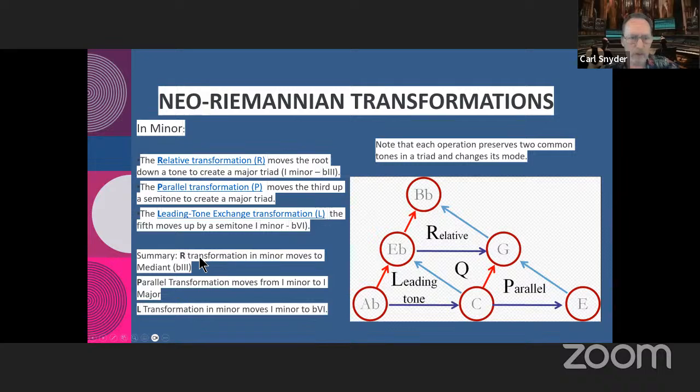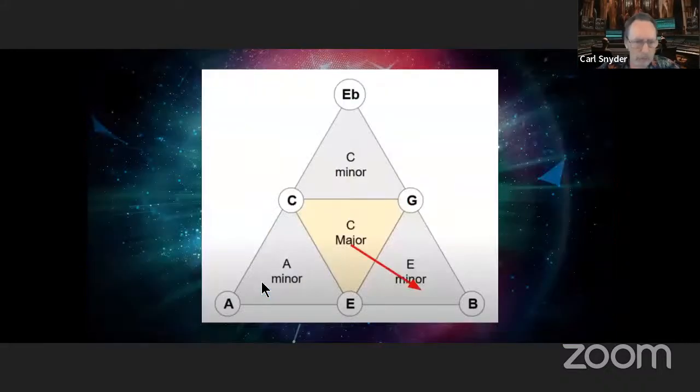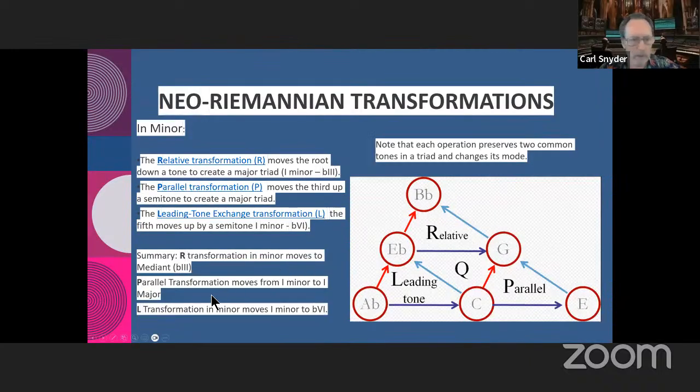So to summarize, the R transformation in minor moves to the mediant, which is flat 3, which all makes sense because that's how the minor changes go. And the L transformation in minor moves the 1 minor to flat 6, which is a major chord. So that's what the basic Neo-Riemannian transformations look like in minor.